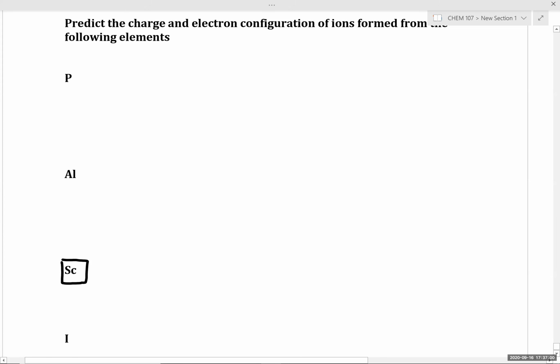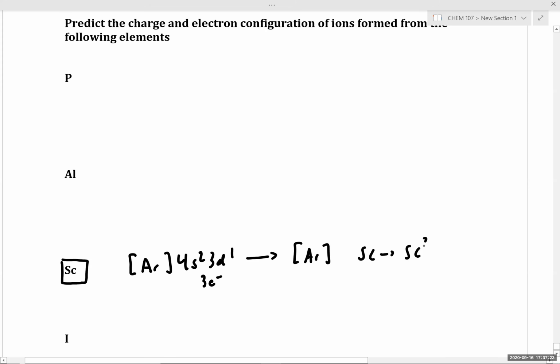So scandium has a configuration of argon 4s2 3d1. So to reach our closest noble gas configuration, we need to lose 3 electrons. So then scandium will prefer to form scandium 3+.